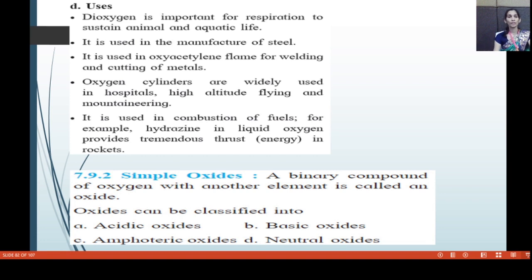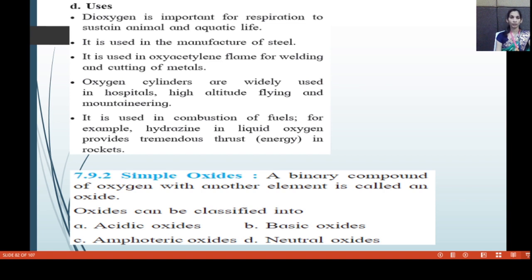There are different uses of dioxygen. Dioxygen is used in the respiration process of animals as well as aquatic life, to sustain animals and aquatic life. Dioxygen is also used in the manufacturing of steel.